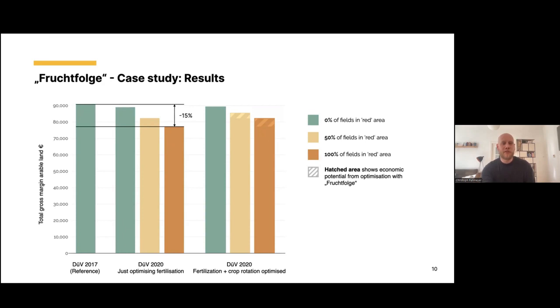And then if we allow Fruchtfolge to make an optimization, so to adjust the crop rotation accordingly and also to move the fertilization to different parts and different crops, we could actually regain 5% of the profit.